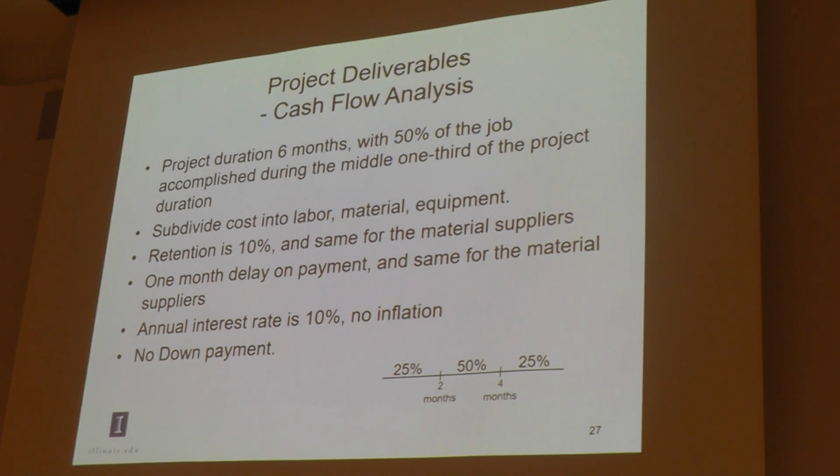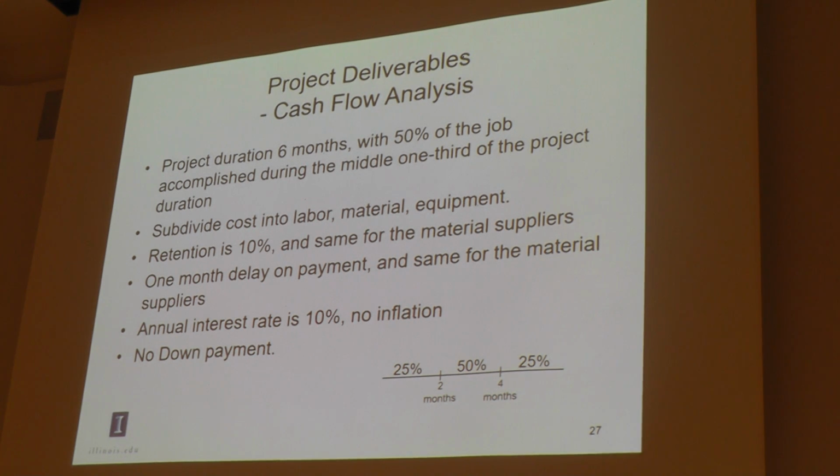But at the end of the project, you need to get all the retentions from the contractor and pay them to the material supplier. We assume 1 month delay on the payment, and same for the material supplier. The annual interest rate is 10%, no inflation and no down payment.